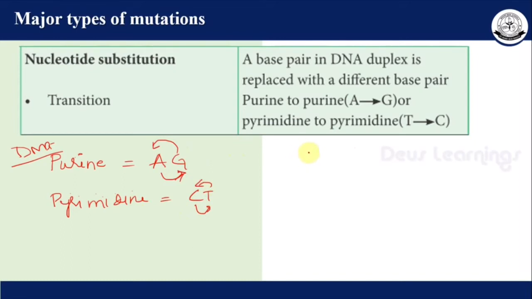If we have a sequence, for instance, A, T, G and C, and if purine is substituted, then it will be A, T, A, C. Here G was changed to A, so purine to purine.